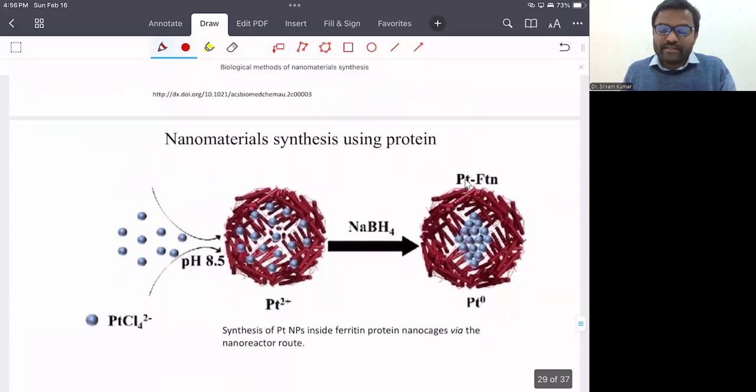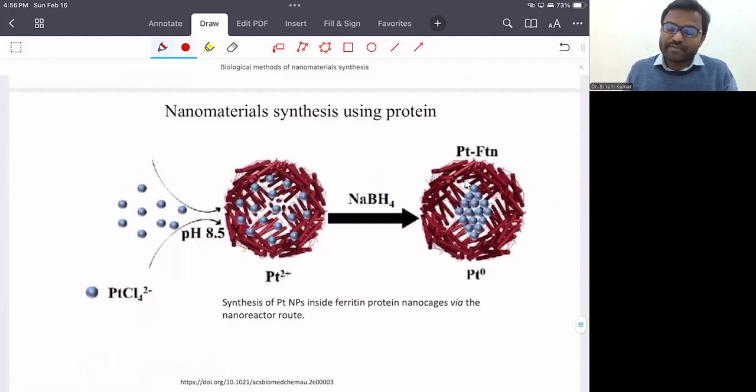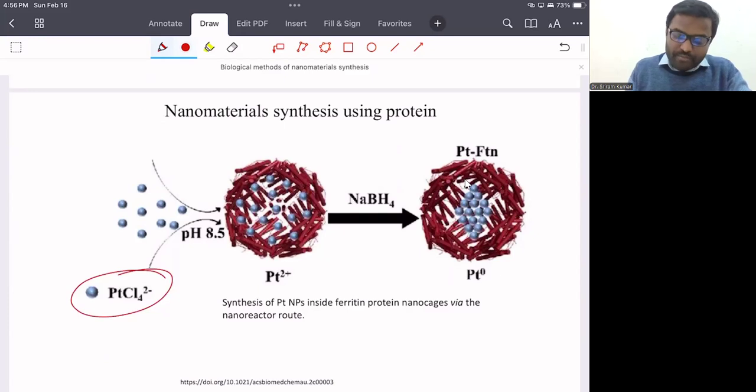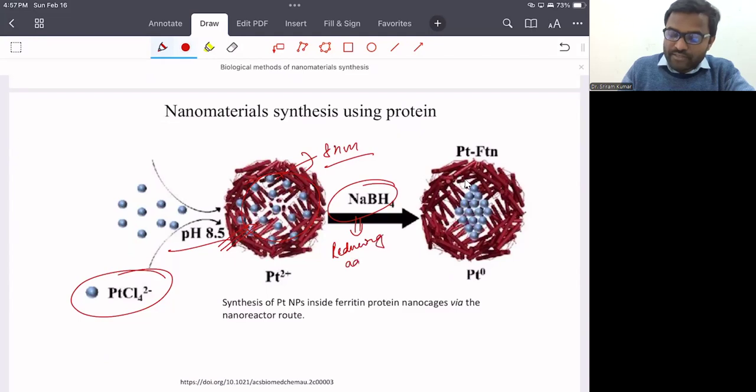We can also understand this with another example, if we synthesize platinum nanoparticles here. If we have a precursor of platinum, at pH 8.5, what happens? We have a cavity here, and that cavity is 8 nanometers. That precursor will enter inside the cavity of the protein, and NaBH4 acts as the reducing agent.